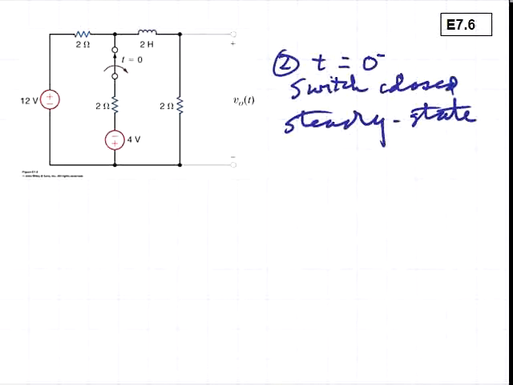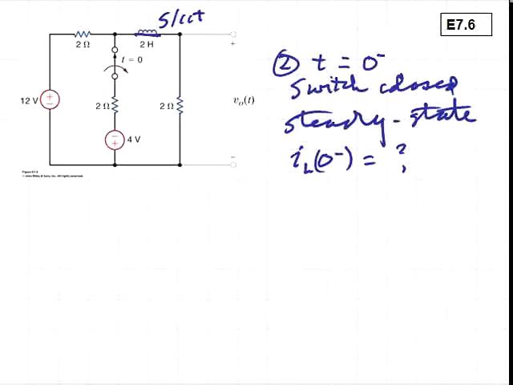What we want to find is our energy storage element property. What we want to determine is the current in the inductor at this time, IL at 0 minus. For the conditions indicated, the inductor looks like a short circuit, and we'll proceed to determine that IL at 0 minus.